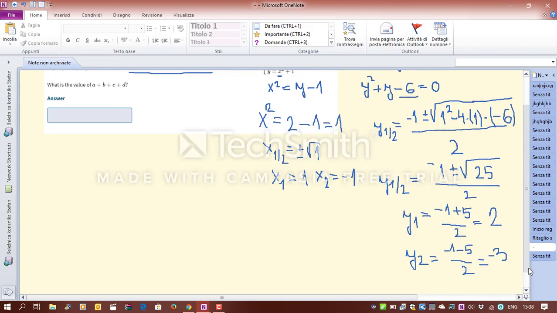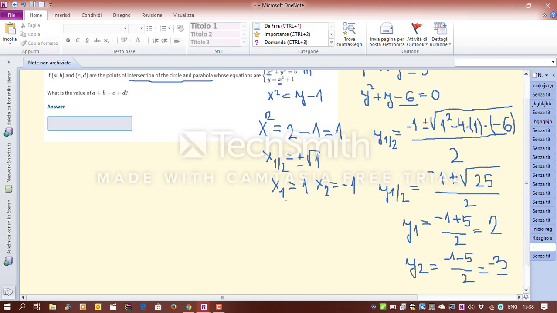Okay, the second solution, minus 3, we will not use, because if we put it in this equation, x squared equals minus 3 minus 1, we will get minus 4, and we know that a square term cannot be negative, so we will not use this.